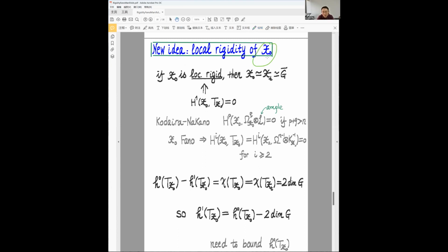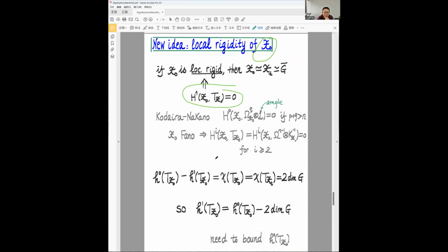If you show the central fiber is locally rigid, then it's isomorphic to the nearby fiber, so it's isomorphic to this wonderful compactification. So the main point is, can we show the vanishing of this H1?